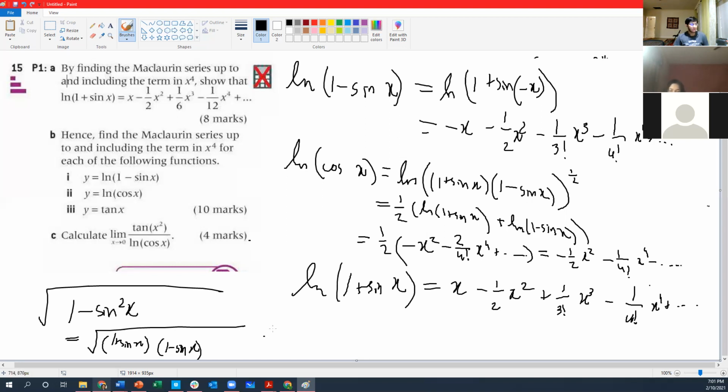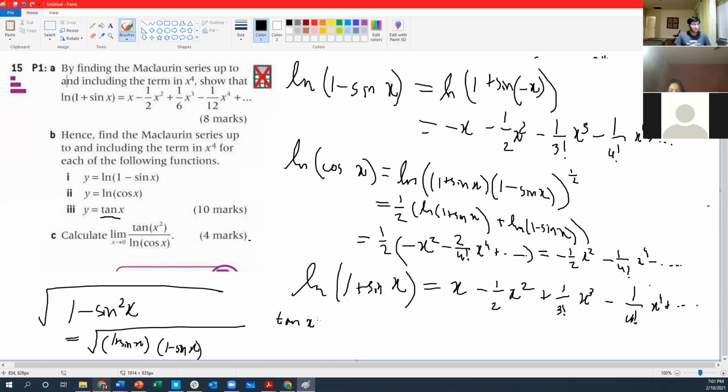Now tan x. Well, this is another challenge, right? How would you do it? One approach is to do sine x over cos x. But that probably wouldn't work, would it? Oh wait, it's not ln tan x, it's just tan x.